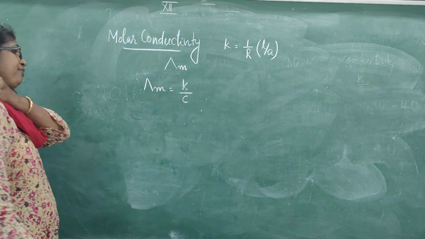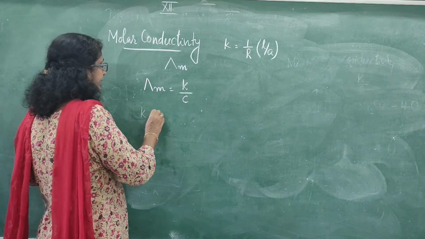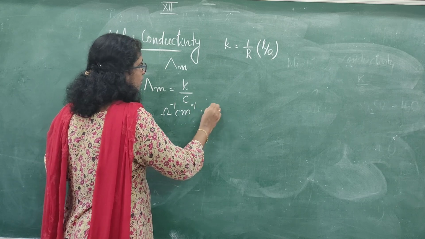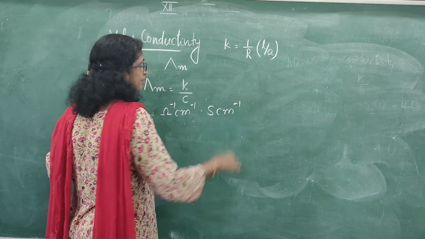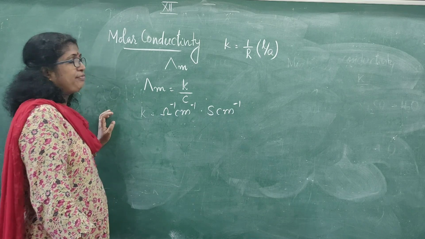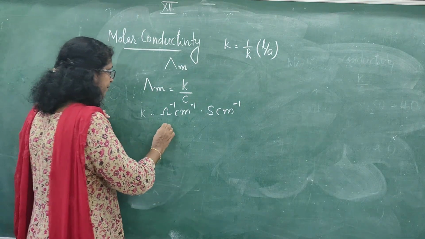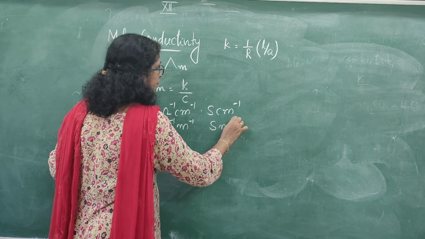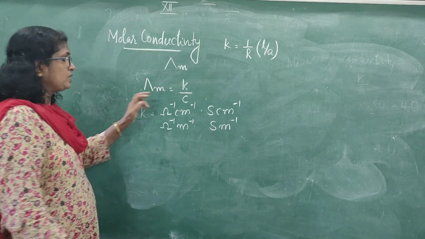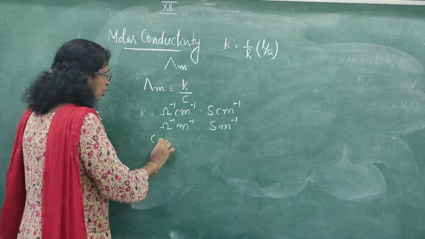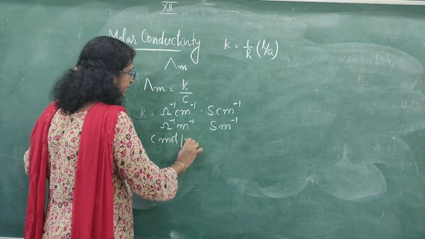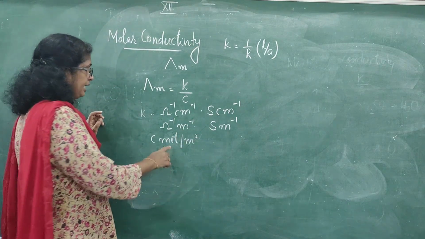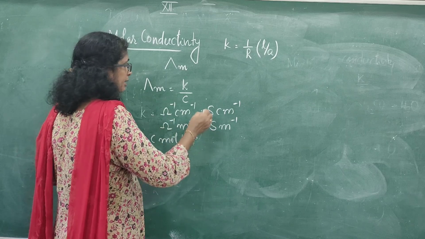Now, the unit of K, as I said yesterday, is either ohm inverse centimeter inverse, or Siemens centimeter inverse, or ohm inverse meter inverse, or Siemens meter inverse. And the concentration C, if it is in mole per meter cube, then what will be the unit for lambda?